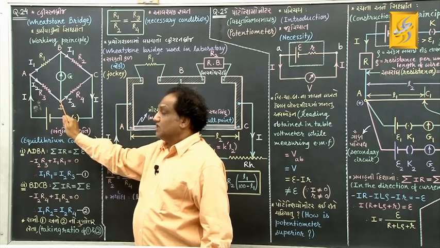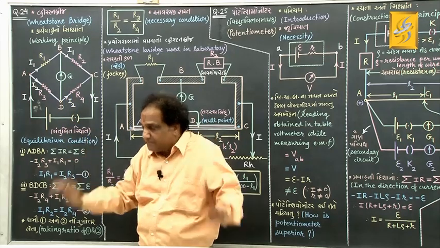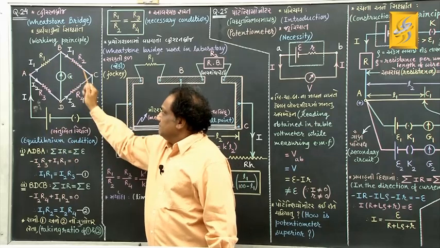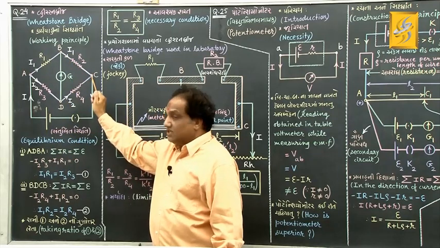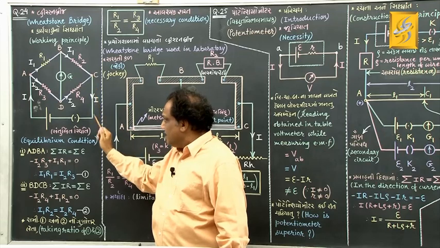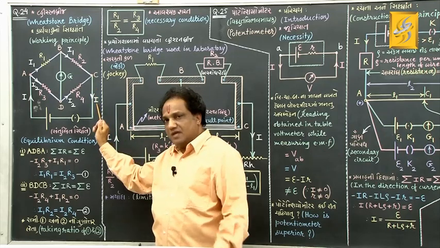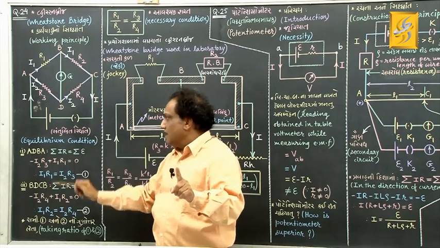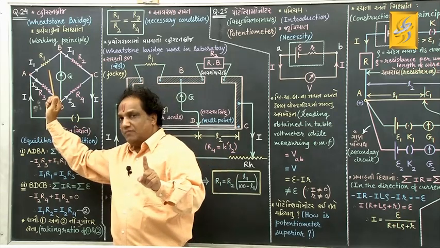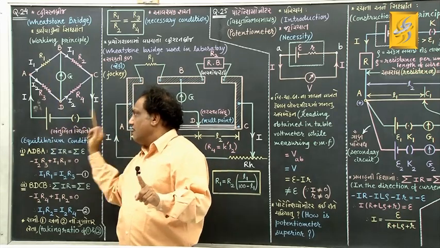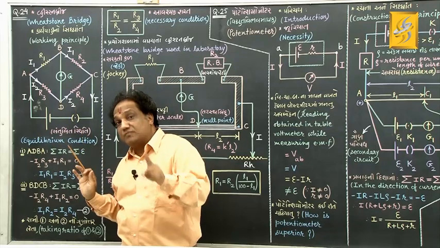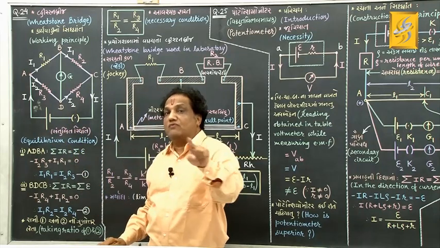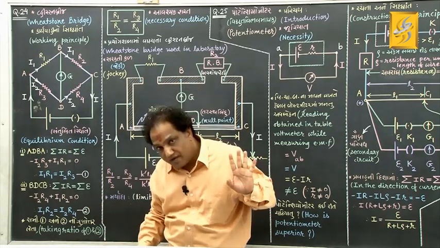Now this I1 and this I2 will add up at this junction and the total will be current I. Remember, in any circuit, the current leaving the positive terminal of the battery and the current arriving at the negative terminal of the battery must be equal according to the law of conservation of electric charge.